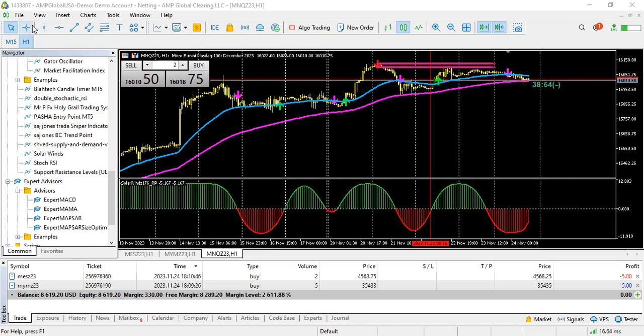Or you're selling a contract, and when it gets to a certain point, you're buying it back. So with Forex, you're trading currencies versus currency. You're trading the US dollar versus the Japanese yen. So you're basically betting which one is going to be higher than the other one by a certain period of time.